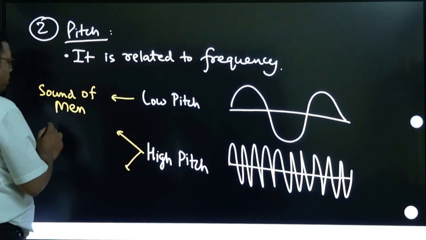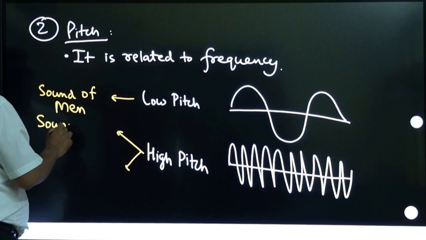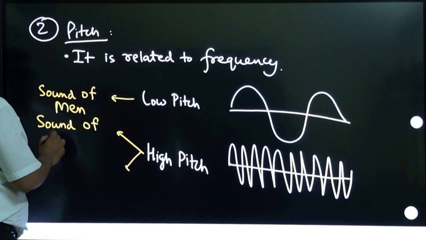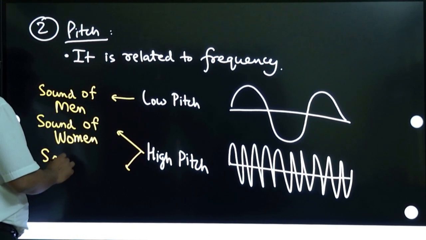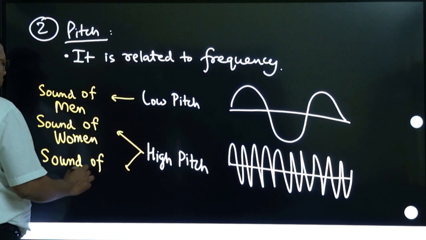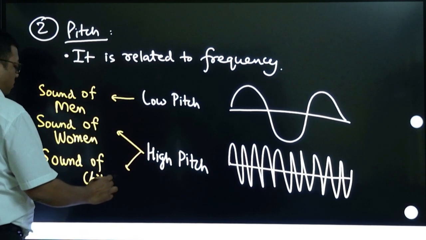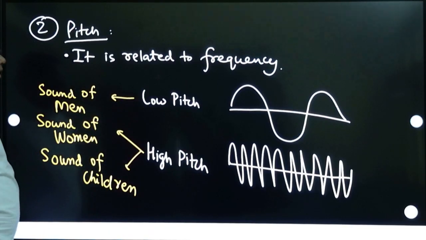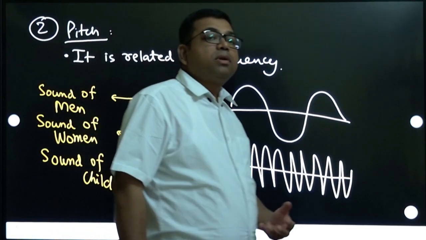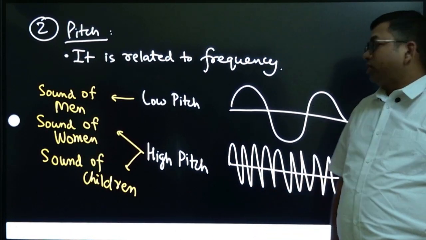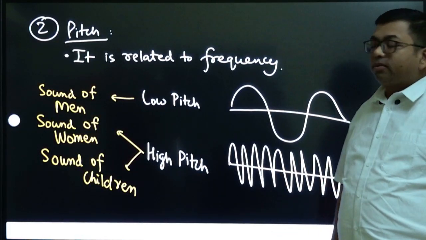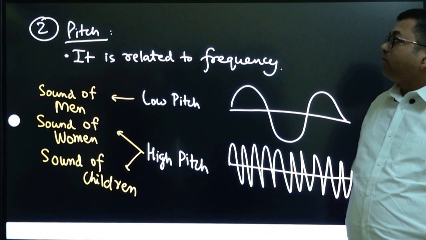And high pitch is the sound of women, as well as the sound of children. So children and females have high pitch, but men have low pitch. Low pitch means low frequency. That's all we have to know about pitch.